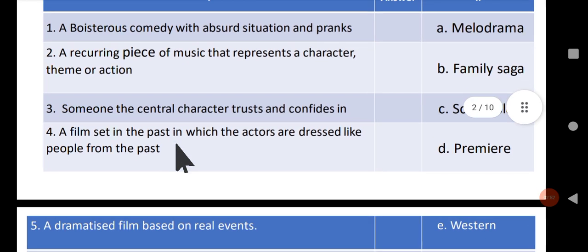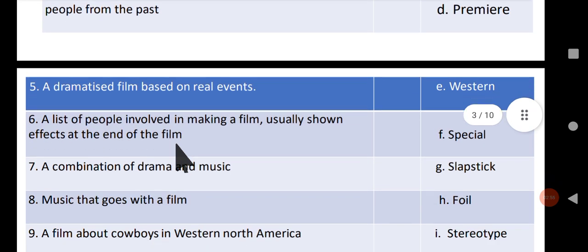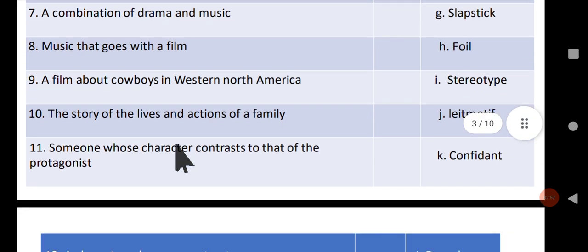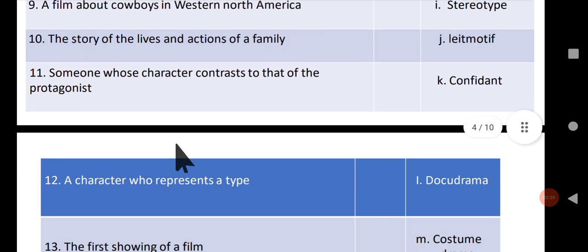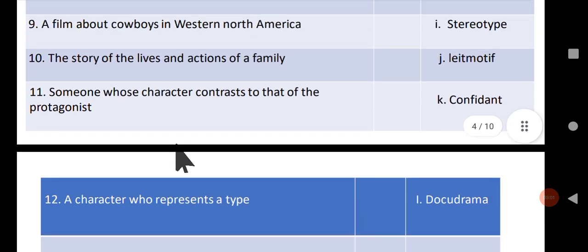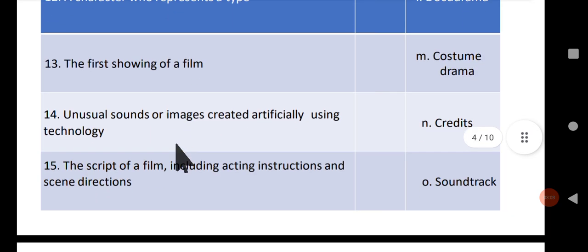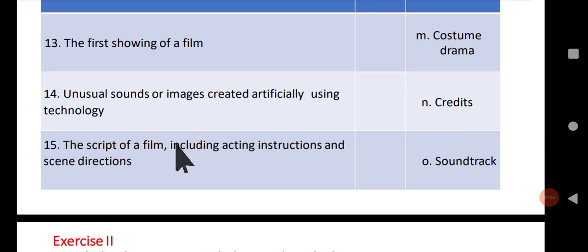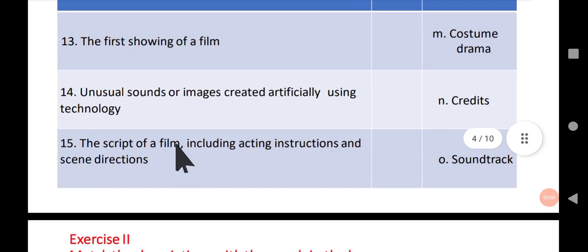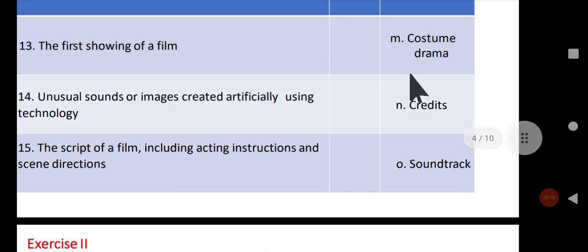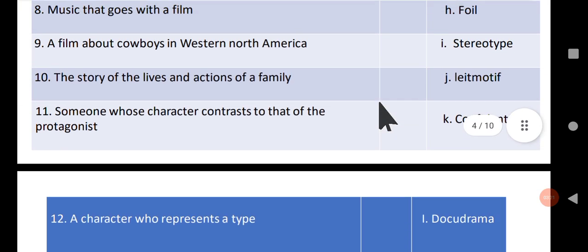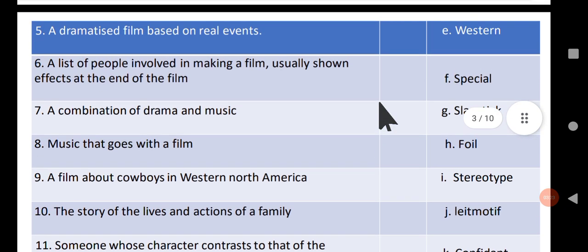Melodrama, family saga, screenplay, premiere, western, special, slapstick is over, foil, stereotype, leitmotif, confidant, docudrama, costume drama, soundtrack, credits. Which one is that? Here you can go with the M option, that is costume drama. Costume drama is one where the characters dress like people from the past, like people from 1990 or so.